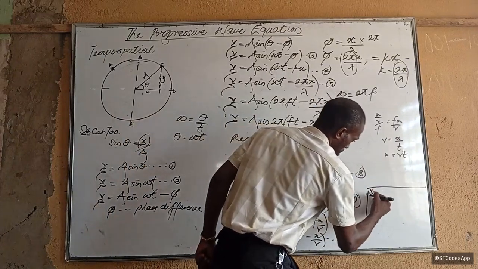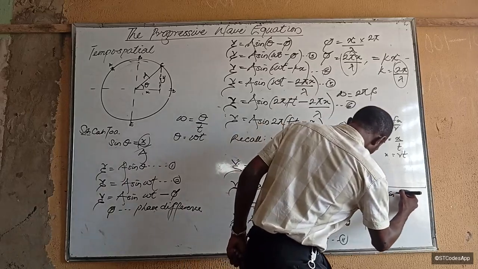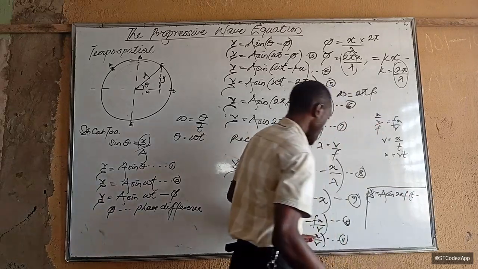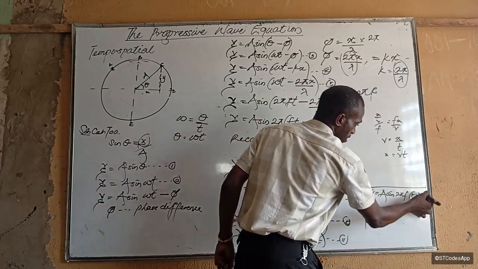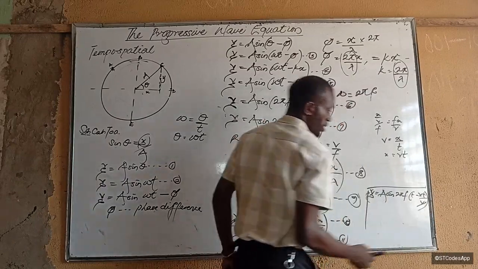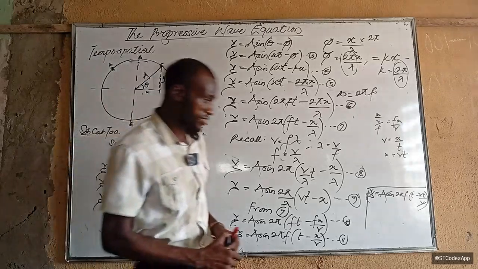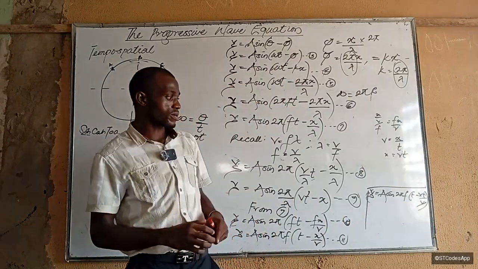y is equal to A sine of 2 pi f t minus x, which is now vt over v, such that this takes care of this, and t minus t is 0. And 2 pi f times 0 is 0.